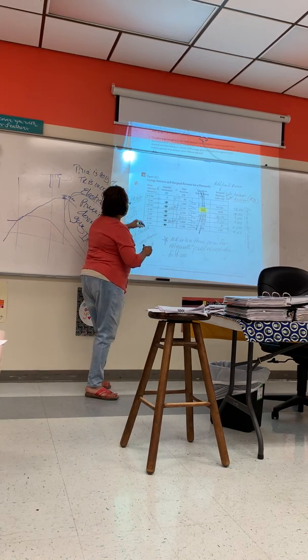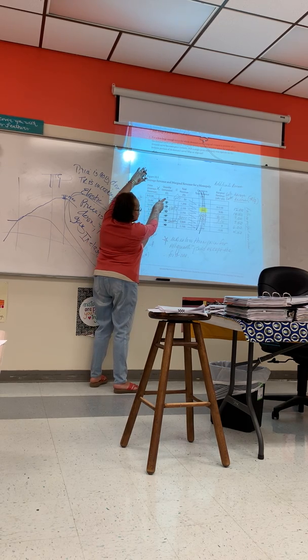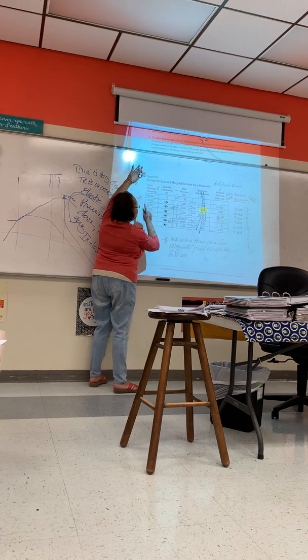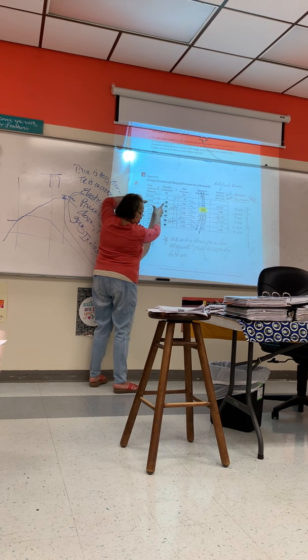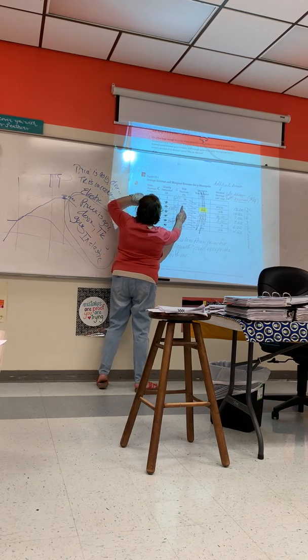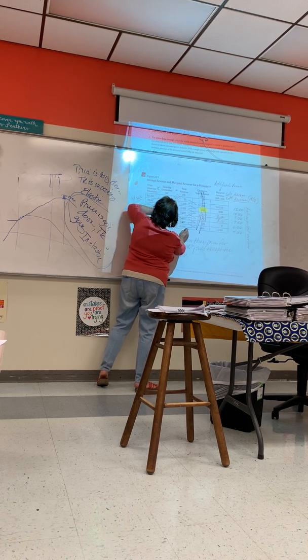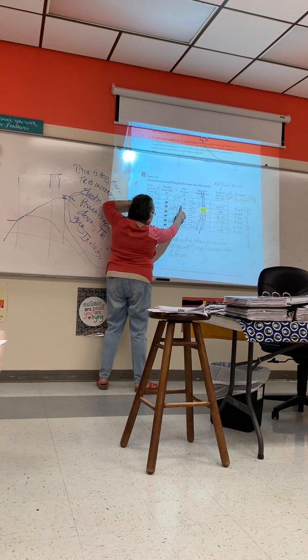All right, look up here. When the price was $13.50, I couldn't sell any. My quantity demanded is 0. So I had to lower my price to $12 to sell my first unit, which means 12 times 1. $12 times 1 is $12.